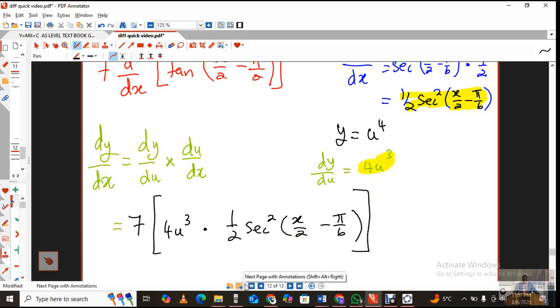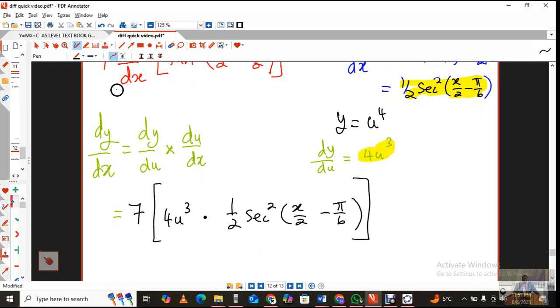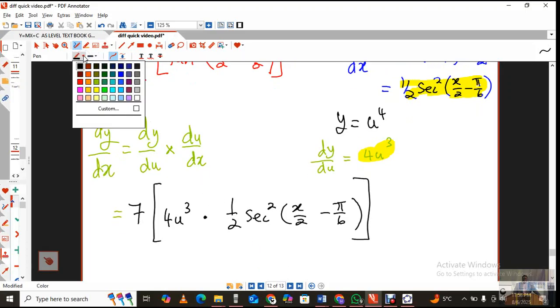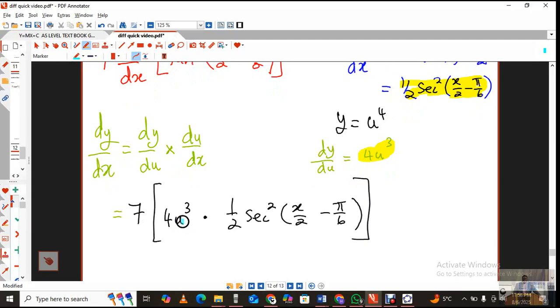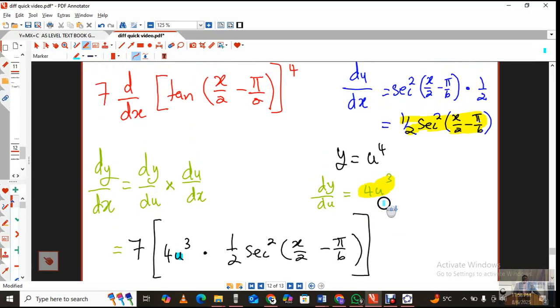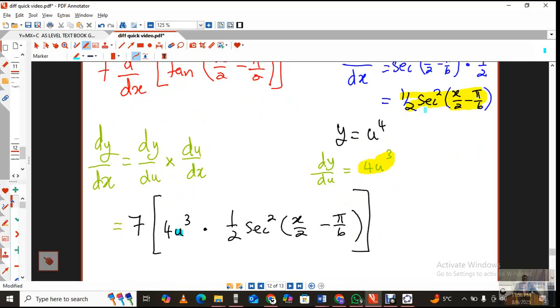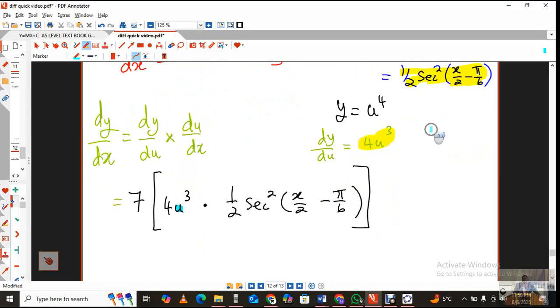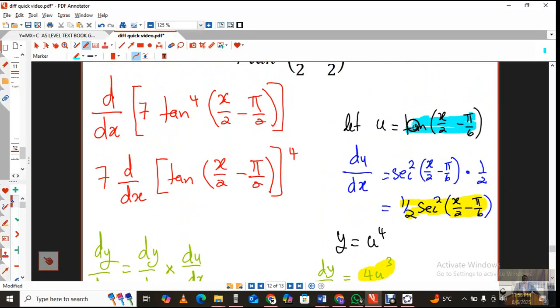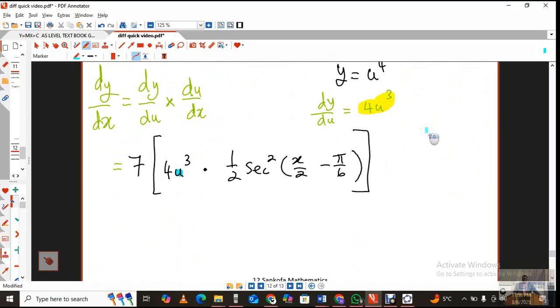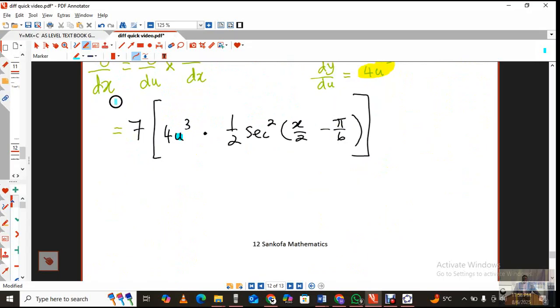But then what was our u? If we have to put our u back, our u was all of this stuff. Make sure that you copy it nicely. It's tan, and so on. So our u is going to be 7, then I've got 4.